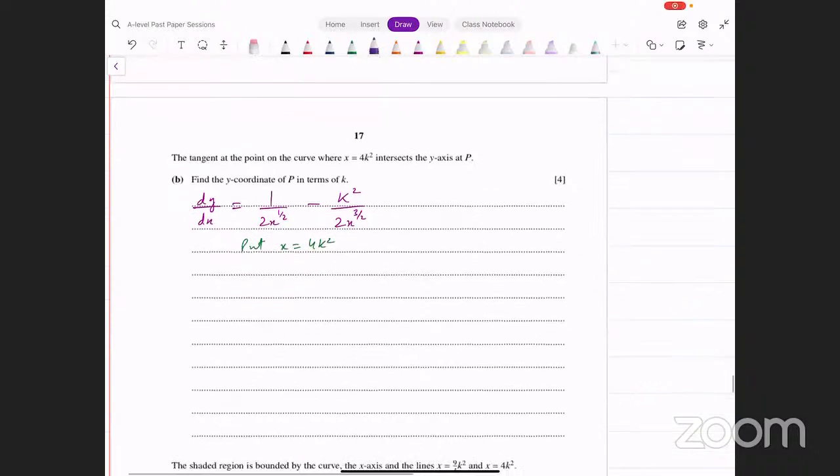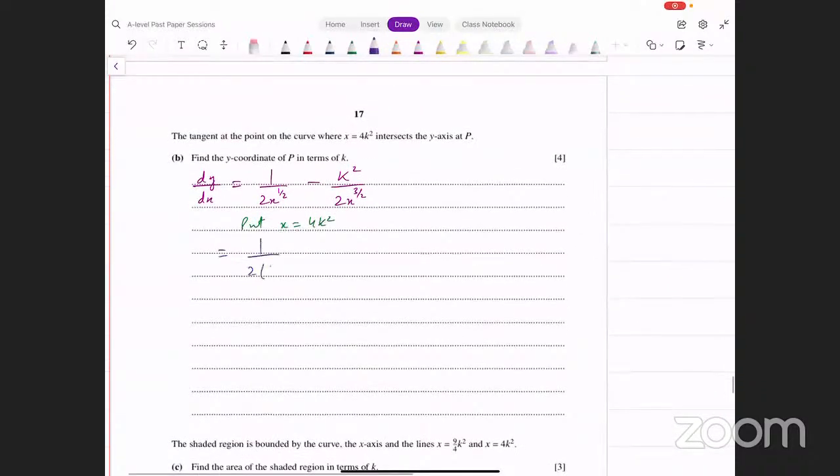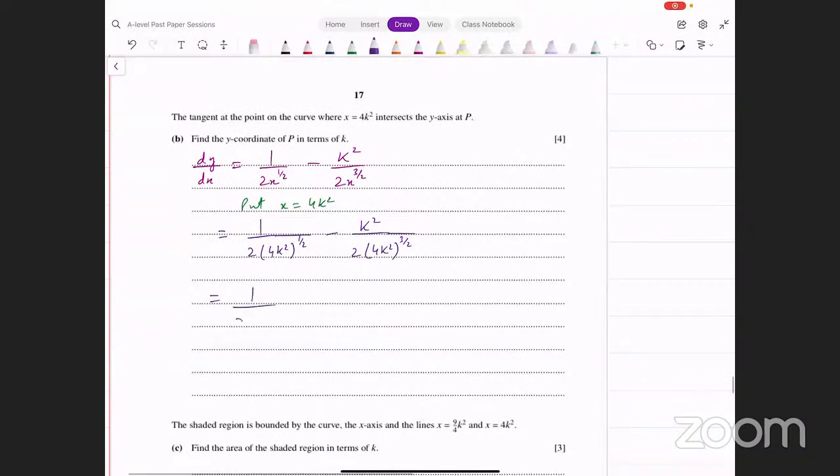That will give you the gradient in terms of k, of course, so that's going to be 1/2 into 4k square whole raised to power 1/2 minus k square over 2 into 4k² raised to power 3/2. अब इंडिसेस का थोड़ा सा ध्यान रखना है यहाँ पे. डिनोमिनेटर में क्या हो गया, 4 raised to power 1/2, that's going to be 2, k² raised to power 1/2, वो k रह जाएगा, minus k² divided by 2 into 4 raised to power 3/2. ये कैलकुलेटर पे इवैल्यूएट कर लें बेशक, 4 का स्क्वायर रूट 2 हो जाएगा, 2 का क्यूब, that's going to be 8, you're going to have 8 inside, k² raised to power 3/2, ये मल्टीप्लाई होंगी पावर्स, तो ये क्या बन जाएगा, k³ बन जाएगा.